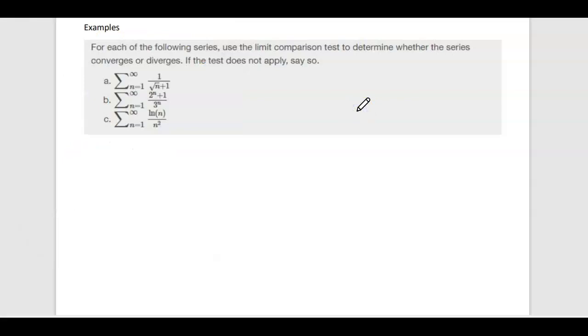So again, I see 1 over square root of n plus 1. So I'm going to say here that I'm going to use the series 1 over square root of n, which I know diverges by p series.